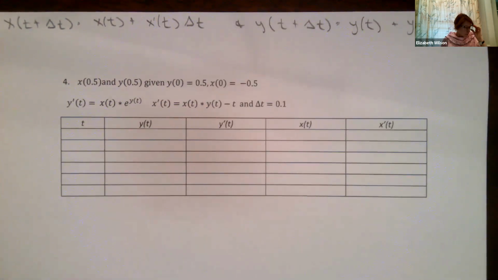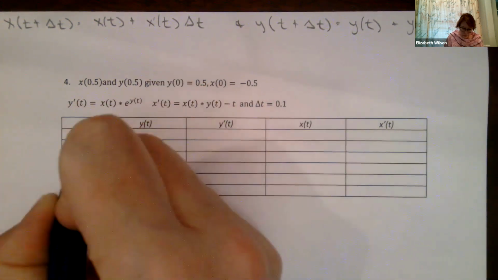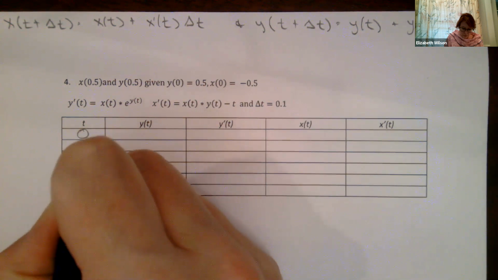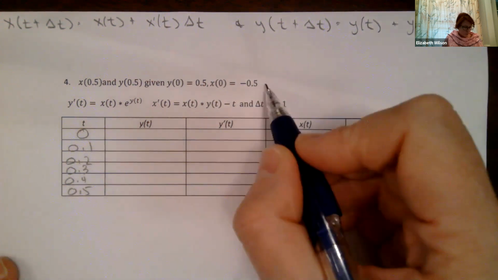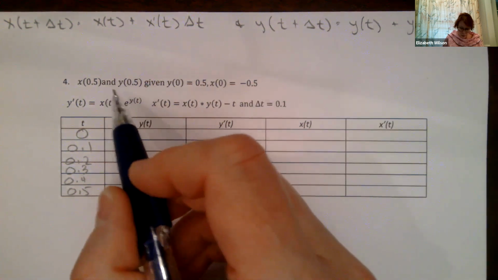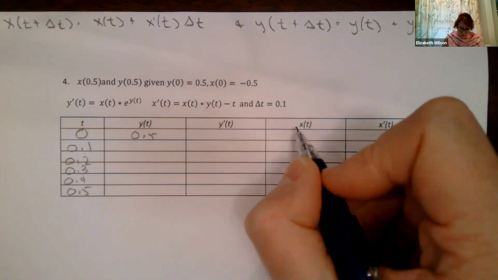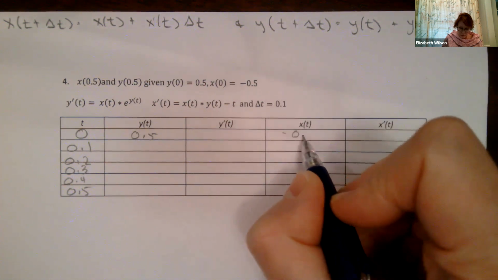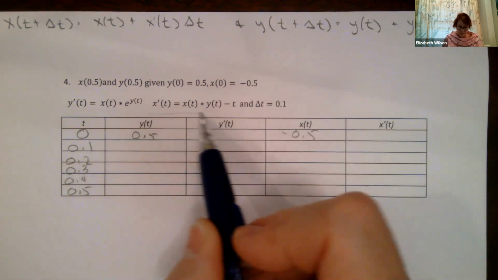Okay, starting off at 0. y of 0 is 0.5, x of 0 is minus 0.5. And then we're given derivatives here and here.